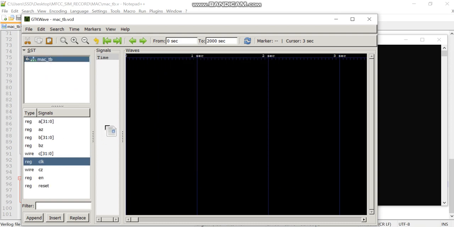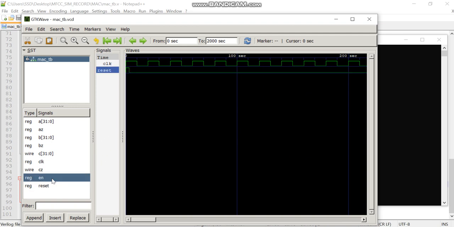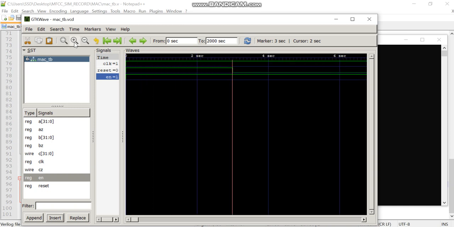So now first let us insert the clock, and then let us insert the reset, enable, and now if we can see over here, as I've given, the reset was initially 1, and I have made it 0 after some delay.